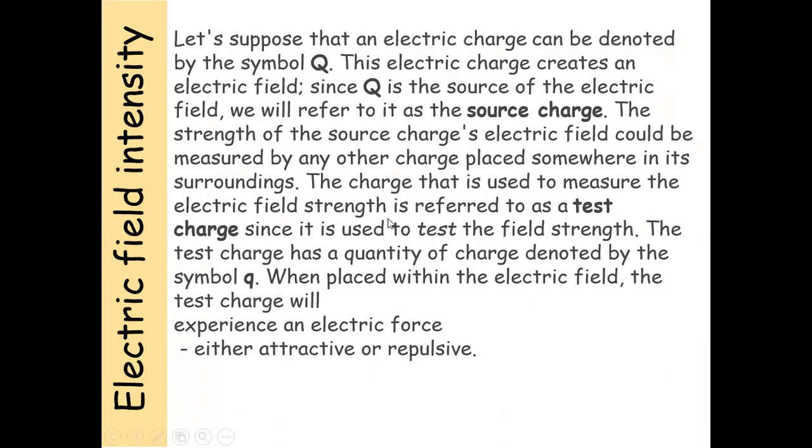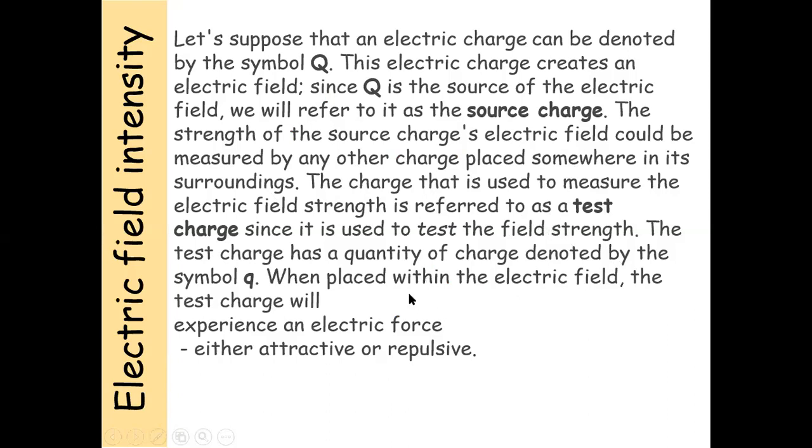The strength of the source charge's electric field can be measured by any other charge placed somewhere in its surrounding. It means the source charge creates an electric field, and we need to find the electric field intensity of the source charge. Now we have to bring a test charge. The test charge is the charge which is used to measure the electric field intensity of the source charge.